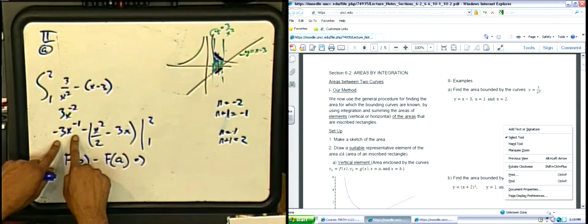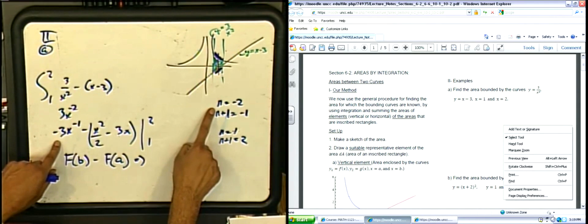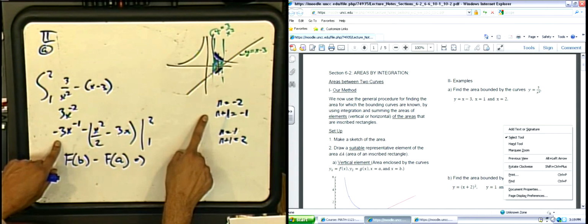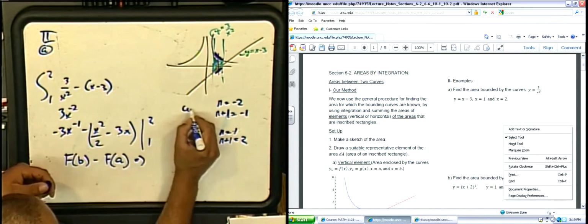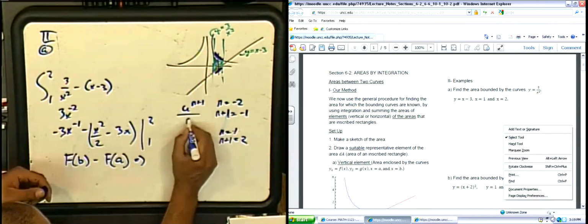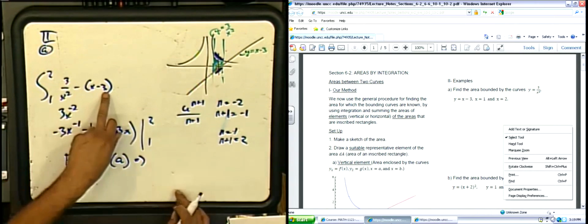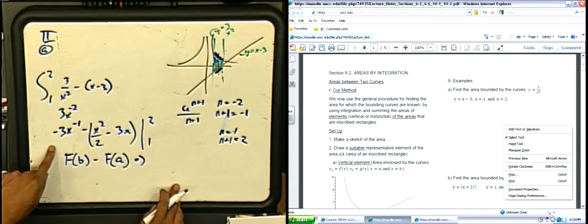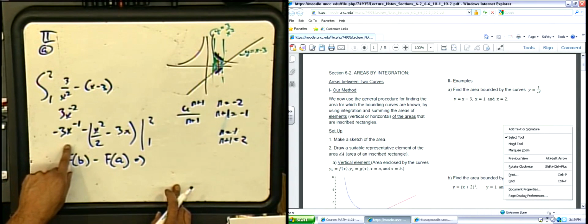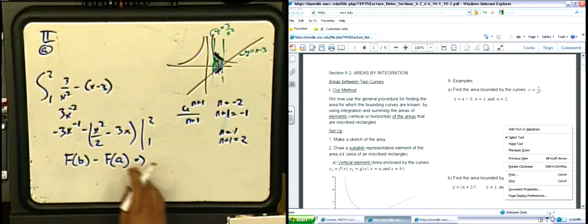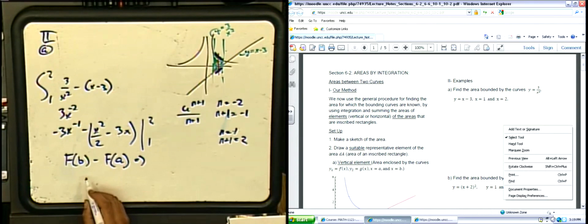For this term, n equals negative 2, n plus 1 equals negative 1. x to the n plus 1 over n plus 1 gives you the antiderivative. Same thing for x, same thing for 3. All your terms, f of b minus f of a, upper limit, lower limit, high minus low.